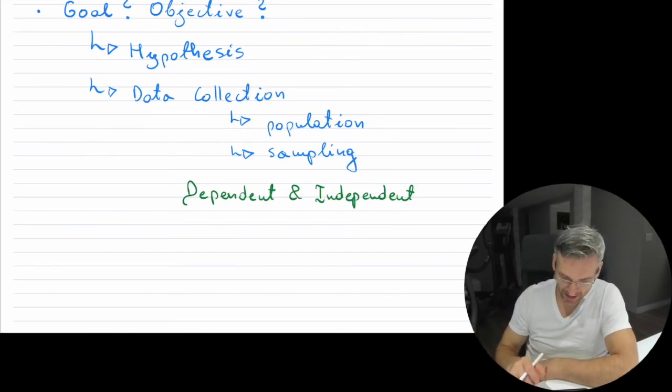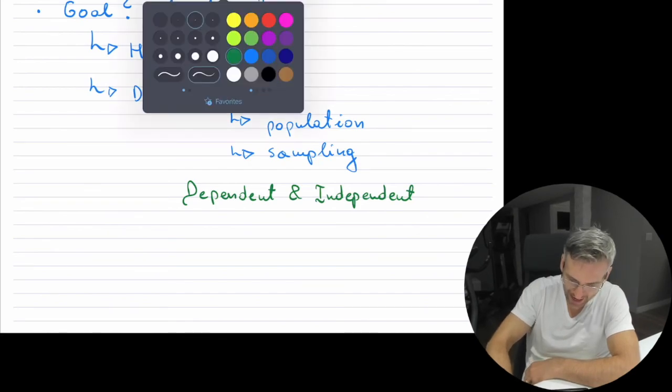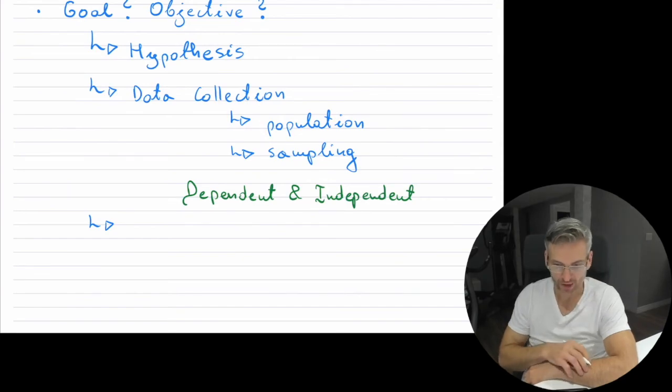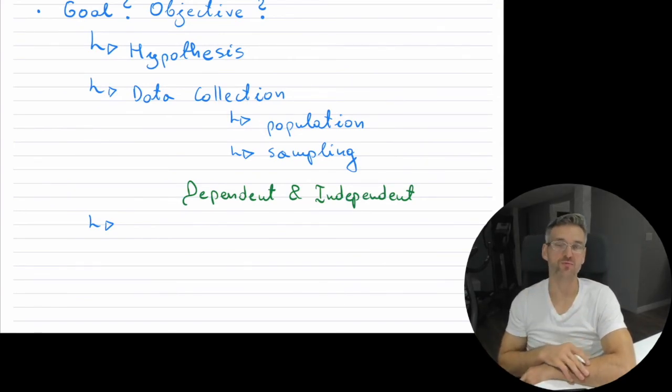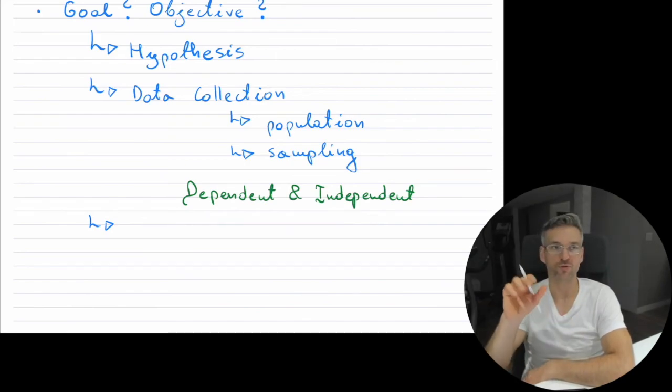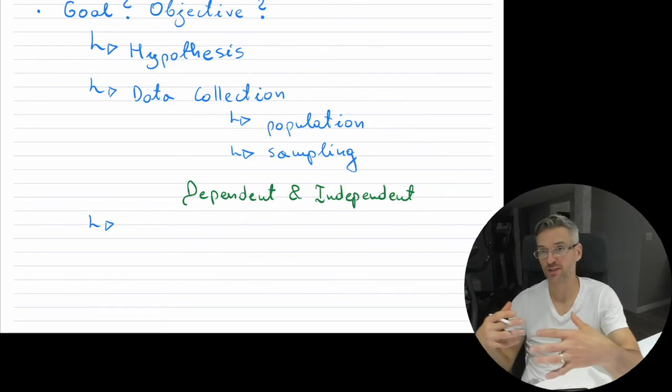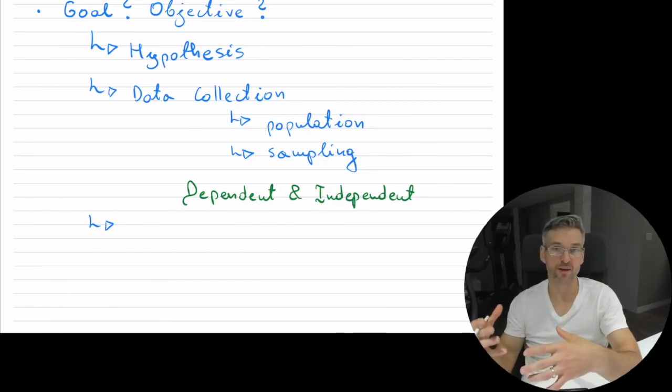So after this data collection, what happens? Well, we take the data and typically plot it out, or put it in a table or a spreadsheet of some kind. Then we start doing observations. We see what we can observe with this, what we can take out. Can we actually prove or disprove our hypothesis?